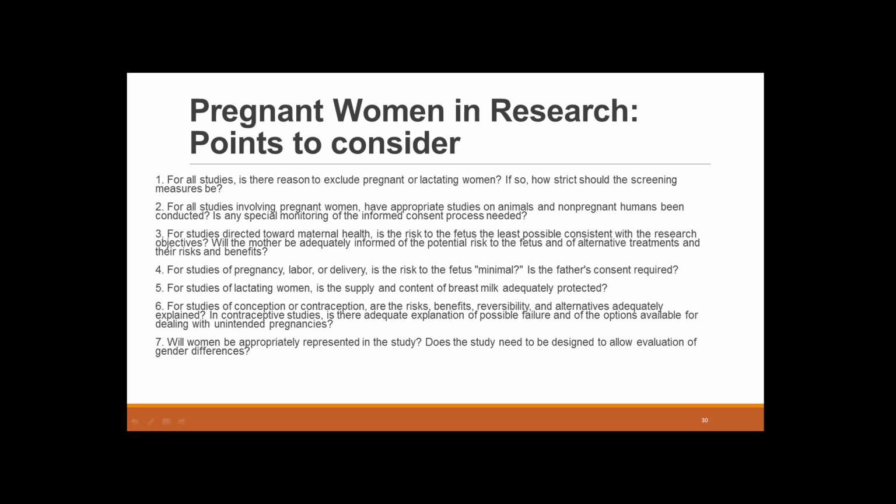For all studies involving pregnant women, have animal studies and non-pregnant human studies already been done? Is there any special monitoring of the informed consent? What that means, you will see this often mentioned when we deal with vulnerable populations. Because of coercion, because we're really worried about that population, sometimes you have a witness.